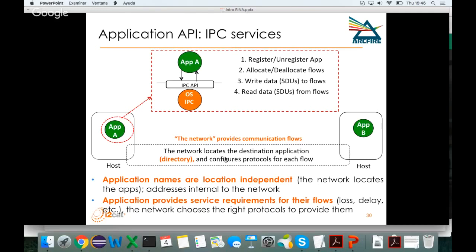What is the maximum delay I can work with? What are the packet loss ranges I can use, and so on, so that the network can choose the right protocols and adapt to provide an optimal service. If it can, otherwise they can fall back to whatever is there. But at least networks will know what the application wants, and will not have to do dirty hacks like doing DPI or guessing port numbers or stuff like that to be able to infer what the application wants.